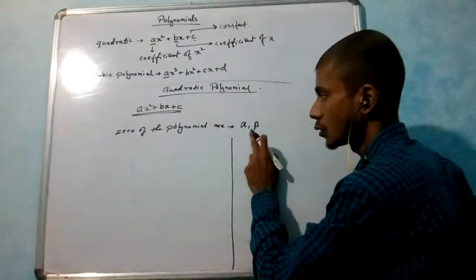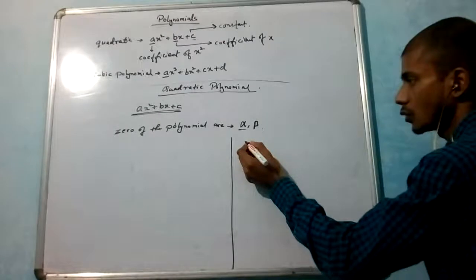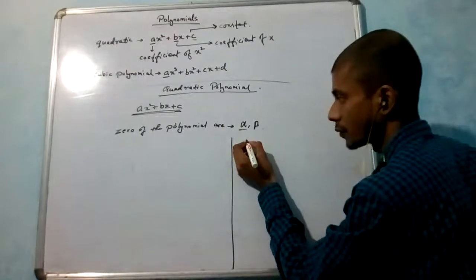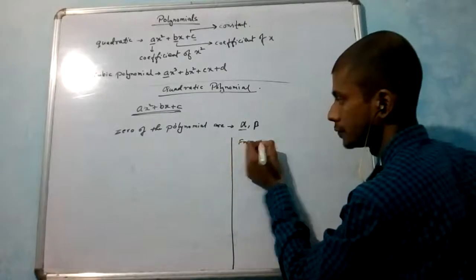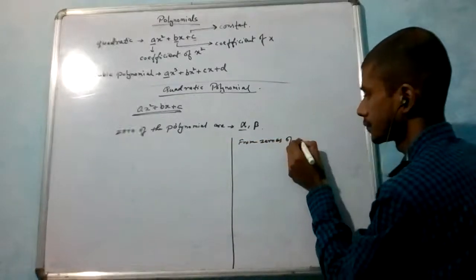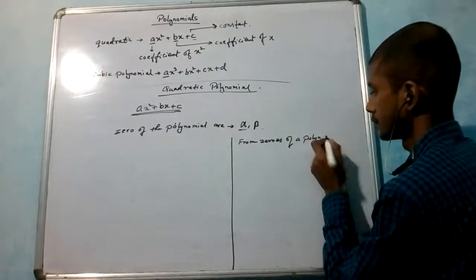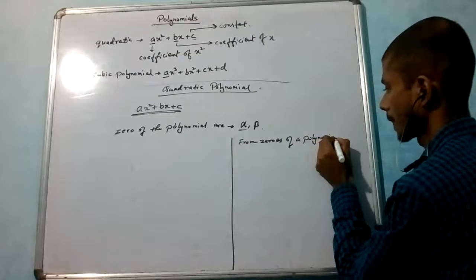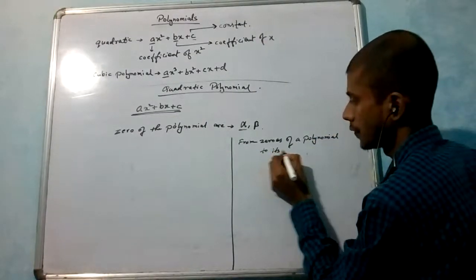If these two are the zeros, suppose alpha is one zero, then we can find the factors. From the zeros, how can we move to the factors? From zeros of a polynomial to its factors.